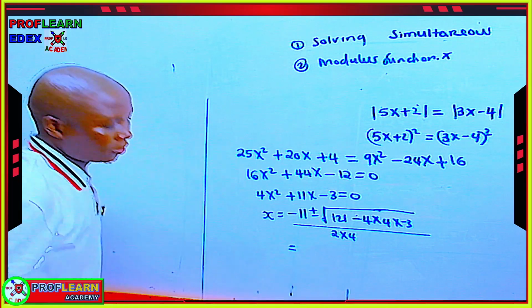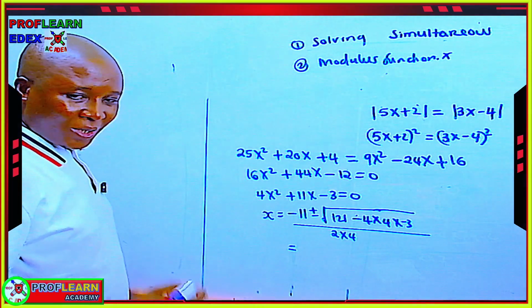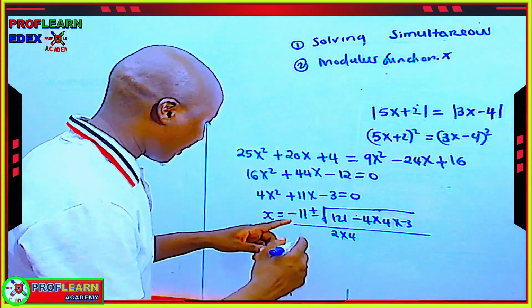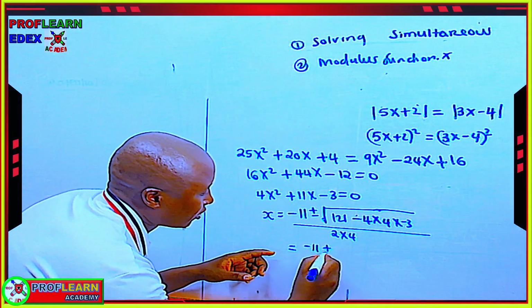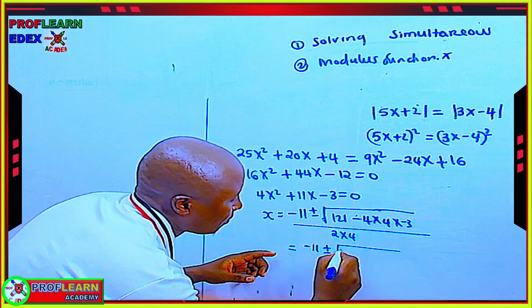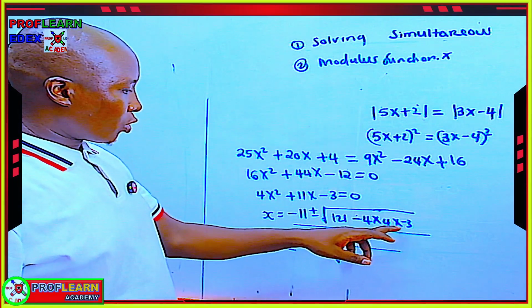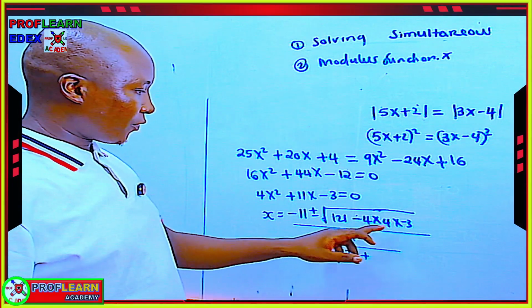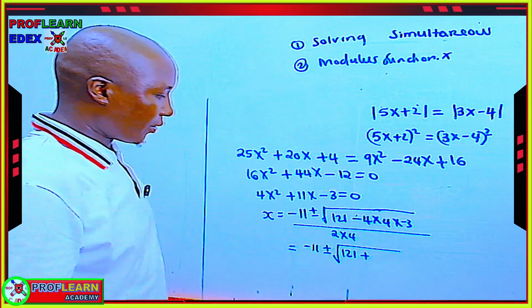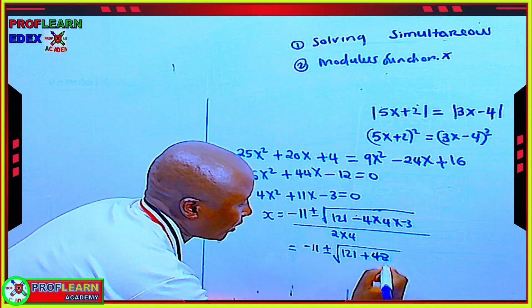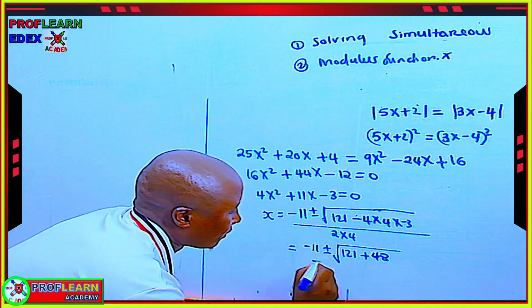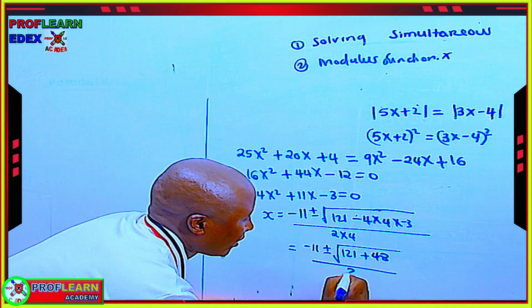So if we solve this equation here, we are going to get negative 11 plus or minus square root of 121 plus, this is going to be positive 12 times 4, that becomes plus 48, and divide by 8.